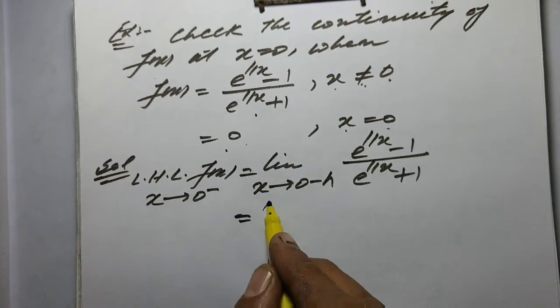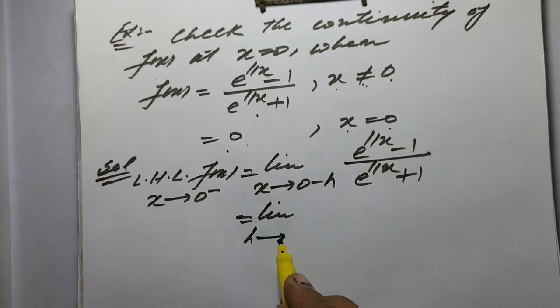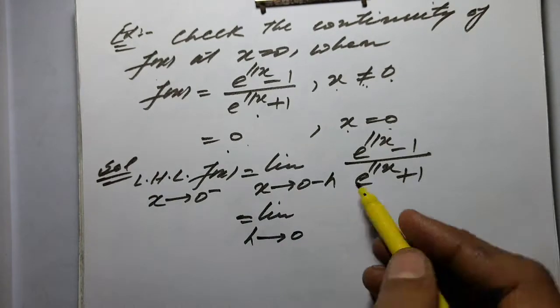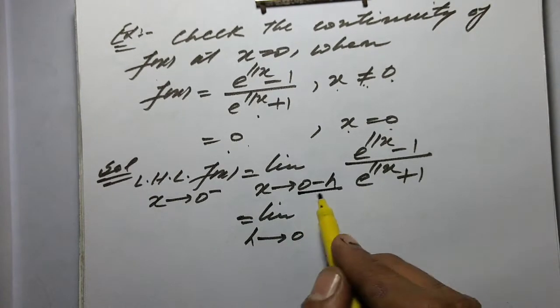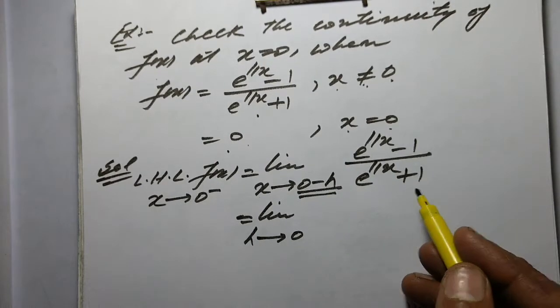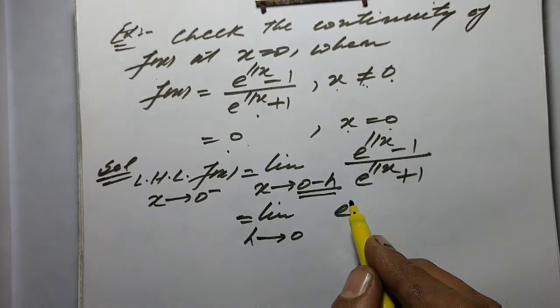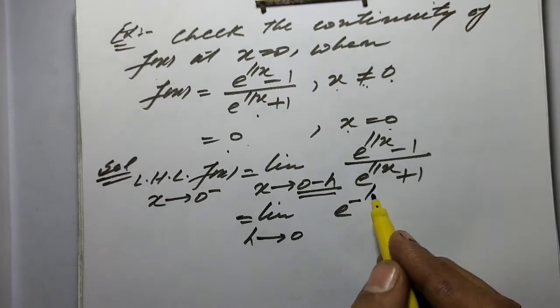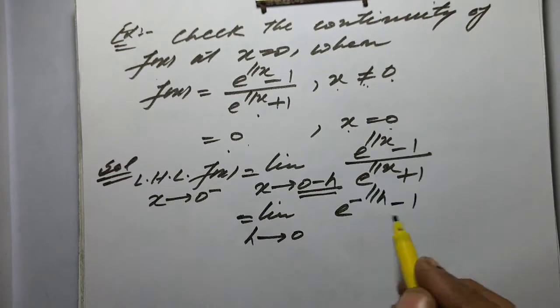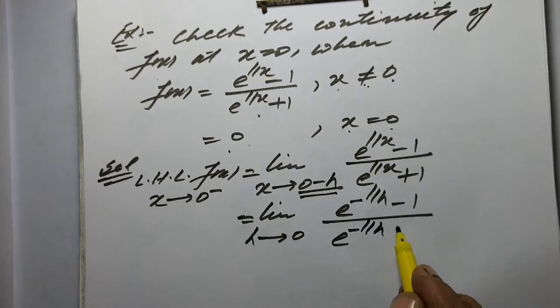Next step is transformation of limit, as we have discussed in the previous example. So when h tends to 0, we replace x by this binomial in the expression. The binomial is 0 minus h, that is minus h. So if we substitute x = −h in the expression, we have e^(−1/h) − 1 upon e^(−1/h) + 1.